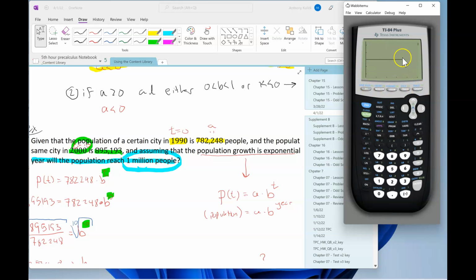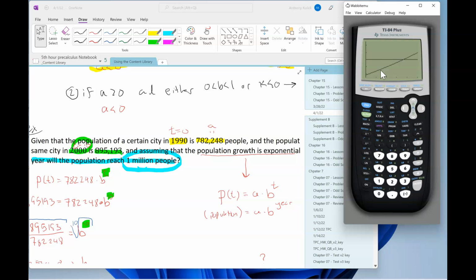So here's our line at 1 million. Here's our population curve coming in. And where's the solution to this equation going to lie? At the intersection. Very good. Those of you that have to take an ACT in the near future, this is an effective solving technique.